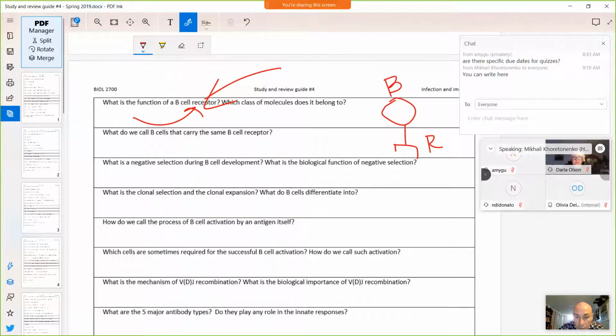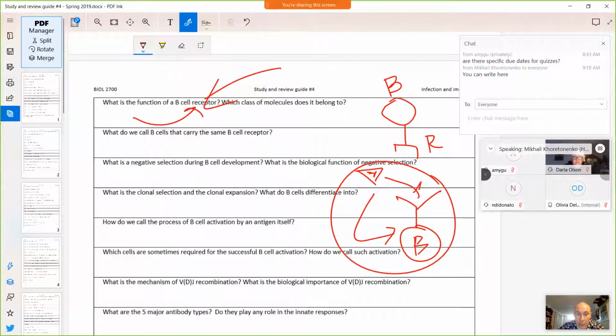That's another B cell with a different receptor. So if you have an antigen like this, antigen will bind to the B cell receptor on that bottom B cell because it fits here. Okay, I hope it makes sense. So this clone will be selected.